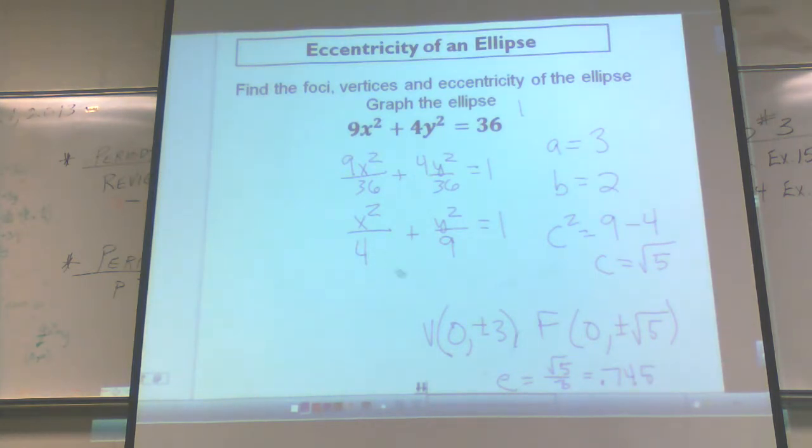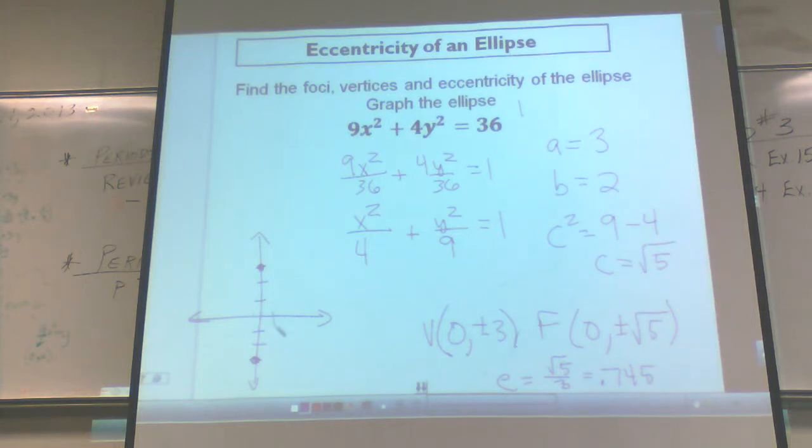And the last thing is the graph. Now, guys, when you graph these, the things I would expect to see are 4 points. I know there are only 2 vertex points, but these 2 are on the major axis, so I'd expect those 2 points to be there.